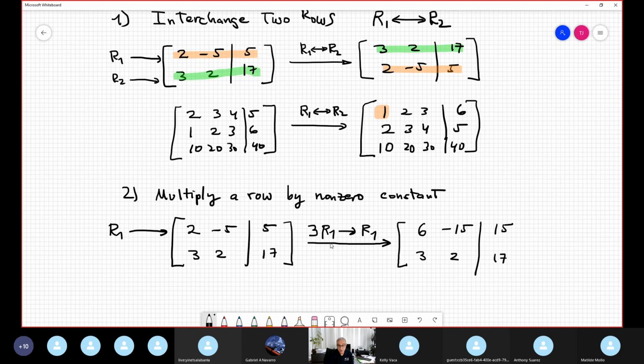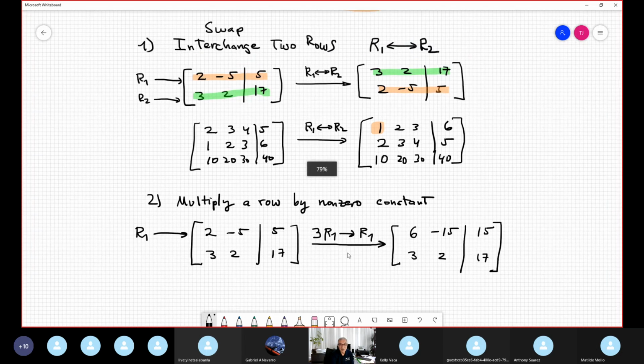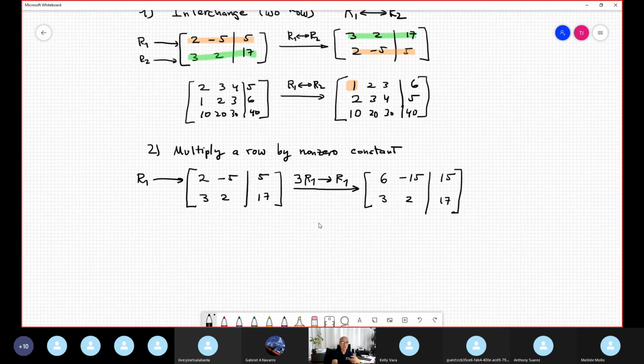I only operate on row 1. And it's perfectly valid because remember, when you are doing elimination, you multiply equation number 1 by 3 or by negative 3 according to our convenience, right? So this is not new for you. Okay? The problem is integrating everything in the algorithm, and the algorithm follows the pivot, below the pivot.